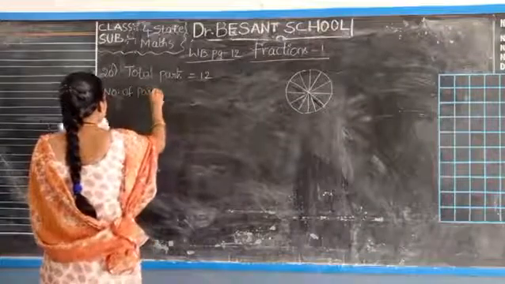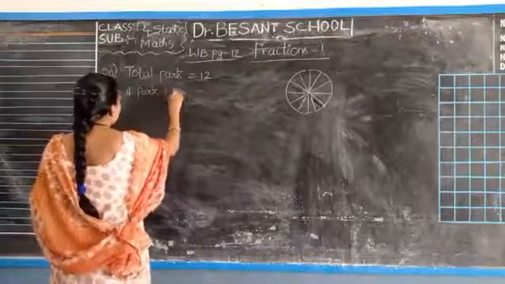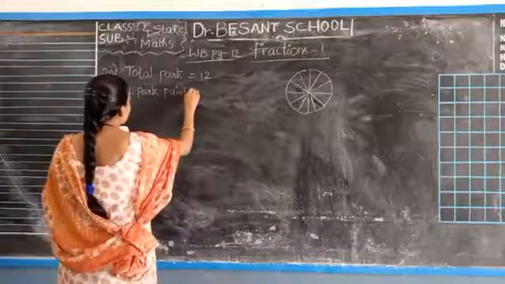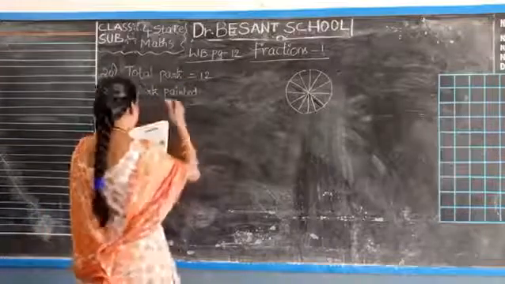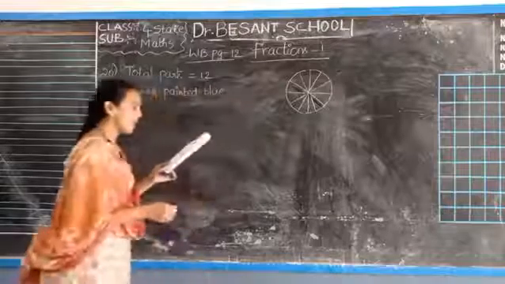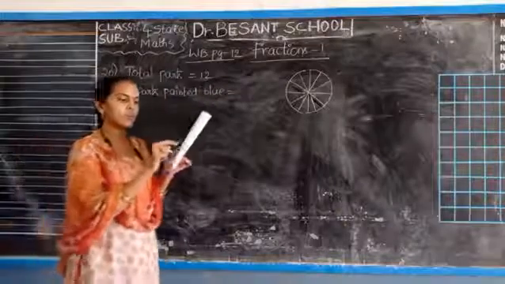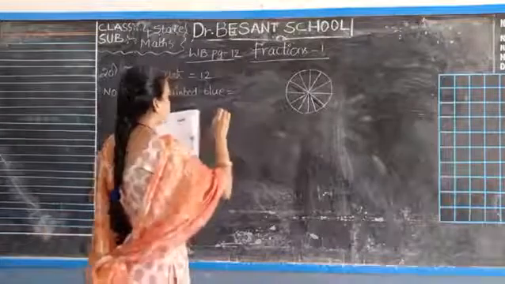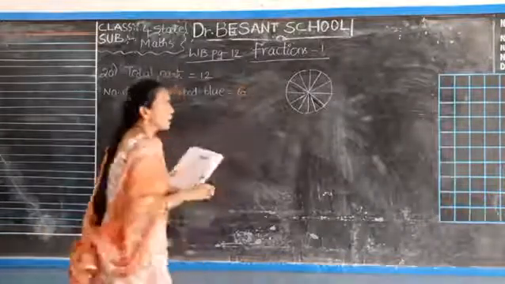Number of parts painted blue. So painted blue, how many are there? Count and tell me. 1, 2, 3, 4, 5, 6. So 6 is the total number of parts painted blue.